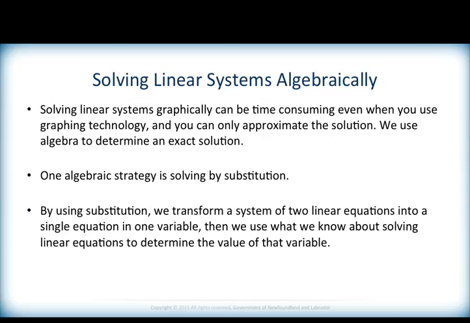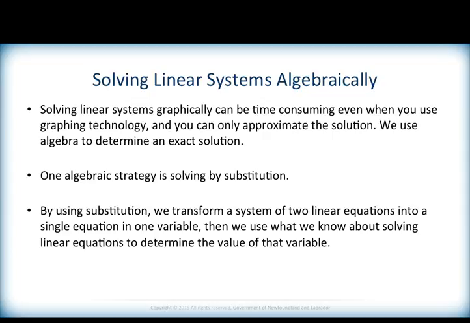And you not only don't get the definite solution, you will only get an approximate solution since the point of intersection can sometimes be difficult to read off the graph. So we don't really want that all the time.